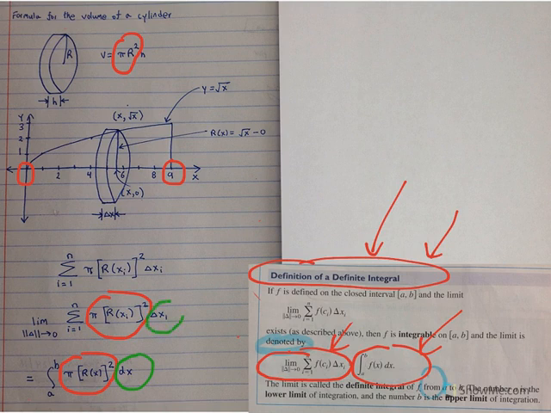Now, where does dx come from in our definite integral? It is coming from delta x sub i from our Riemann sum, which comes from the height of a cylinder in the formula for the volume of a cylinder. Why is it dx?